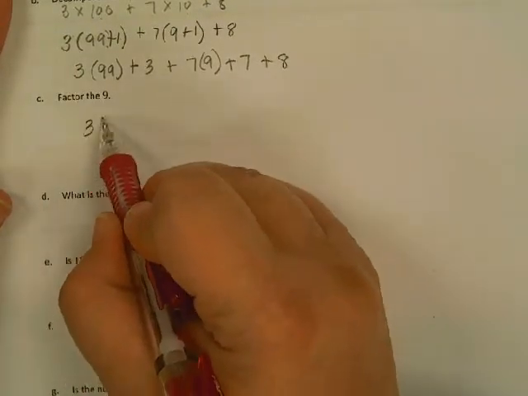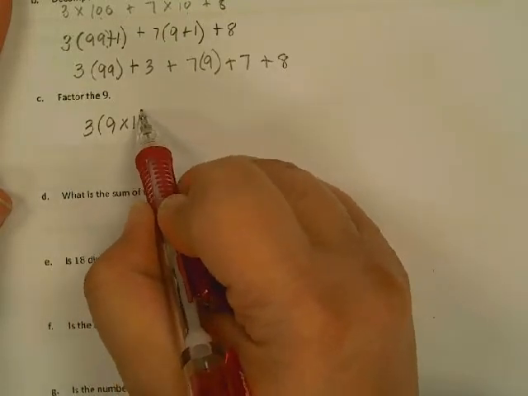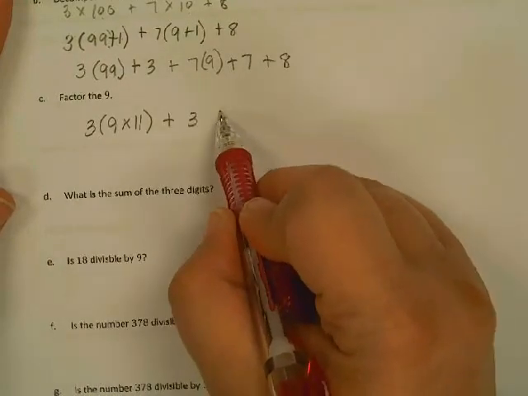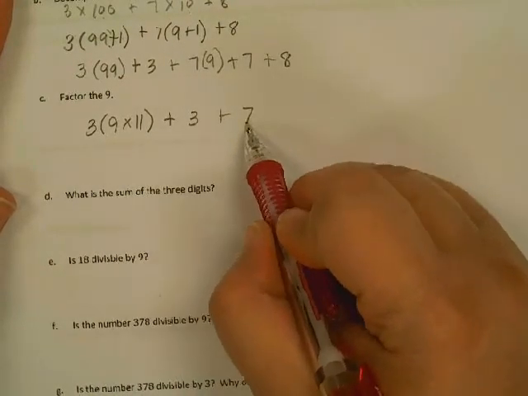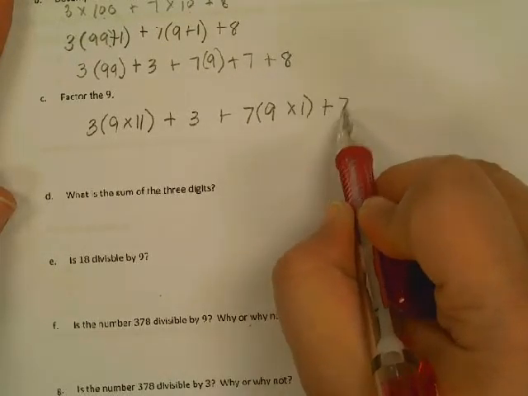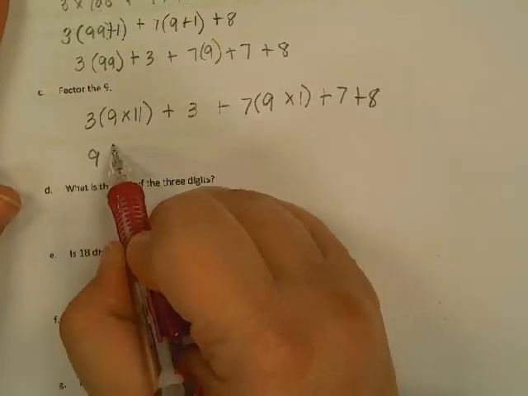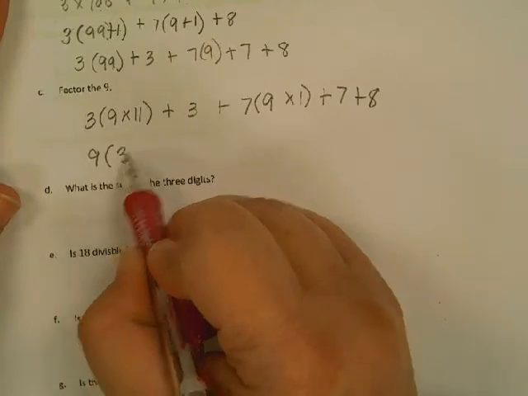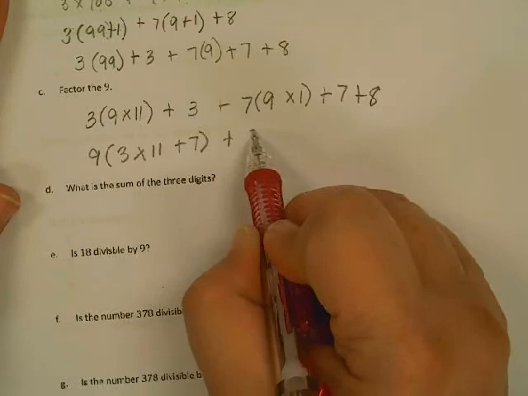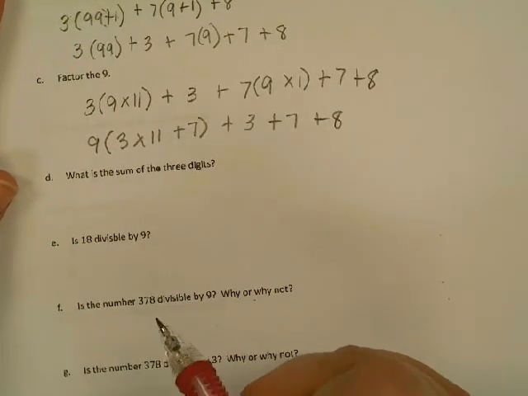So 3 times 9 times 11, because I'm splitting this 99 now, plus 3 plus 7 times 9 times 1 plus 7 plus 8. And finally, I get the result of 9 times 3 times 11 plus 7 plus 3 plus 7 plus 8.